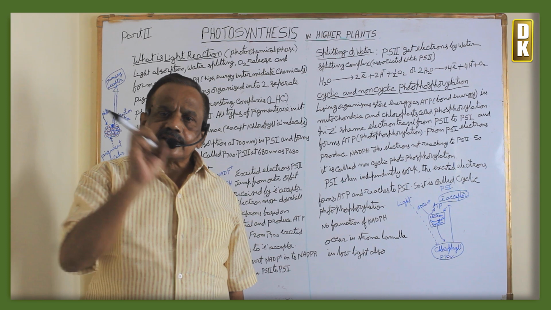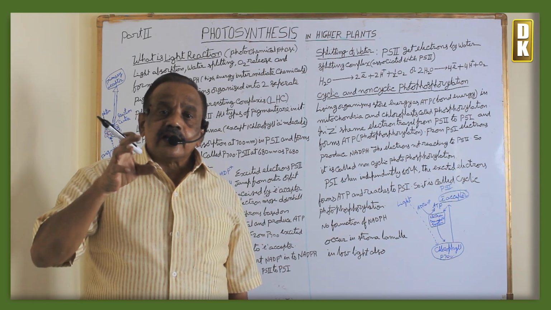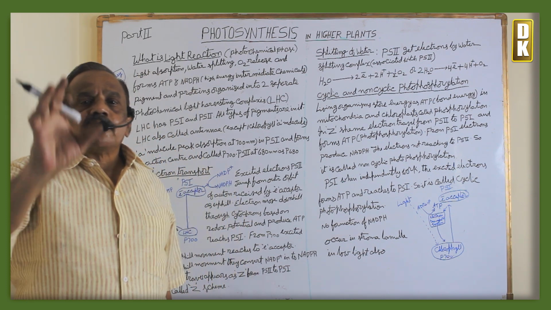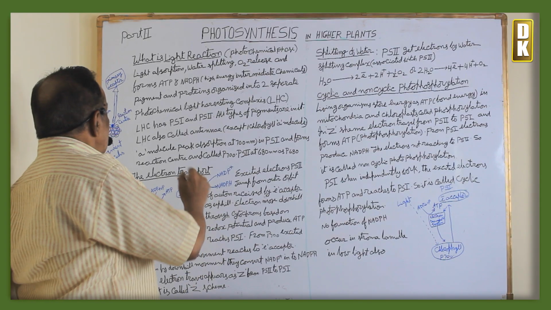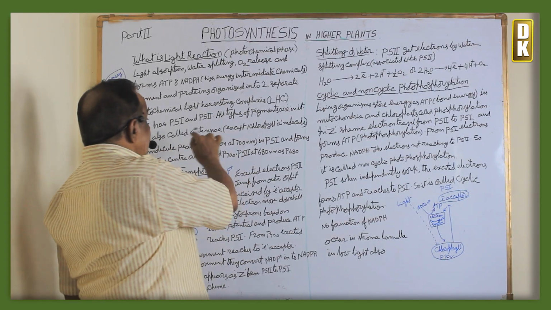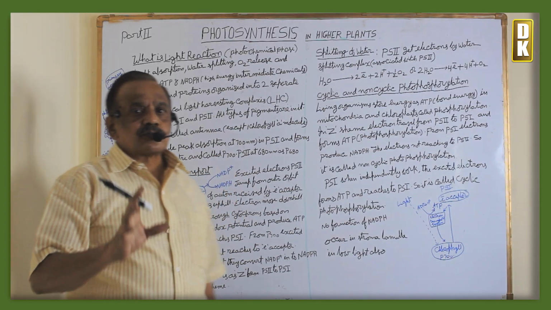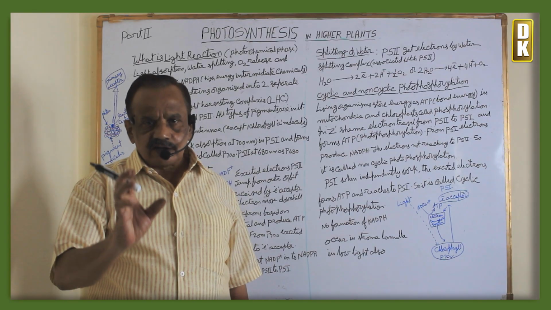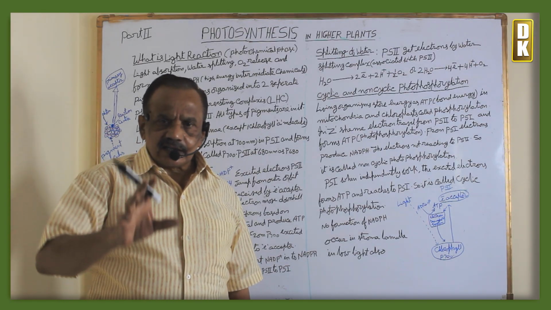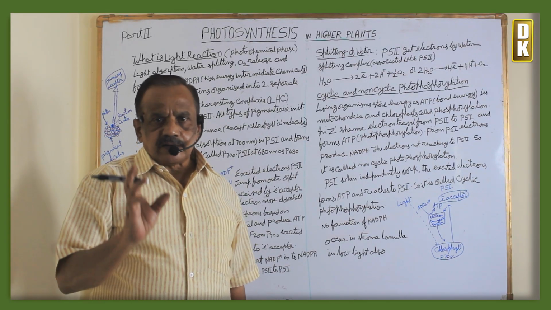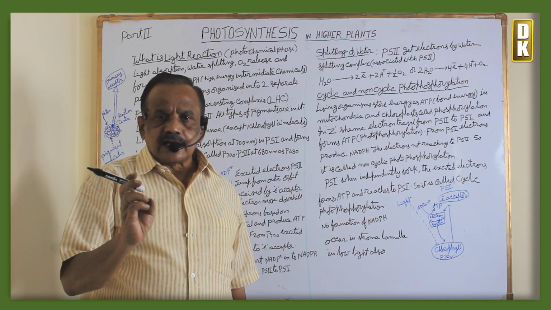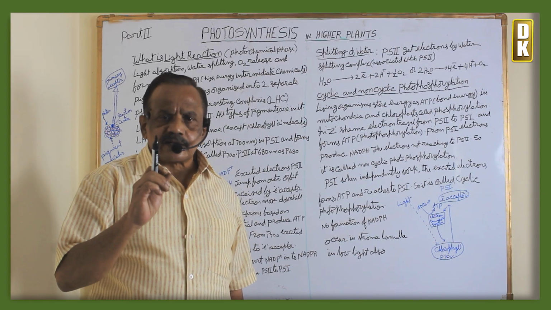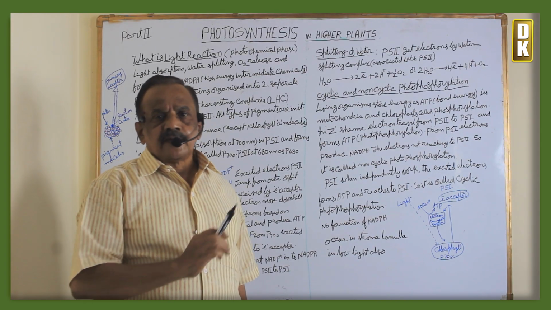All of these are present there and are useful for the absorption of light. So all the pigments together form one light harvesting complex, present in two separate organizations called photosystem 1 and photosystem 2.